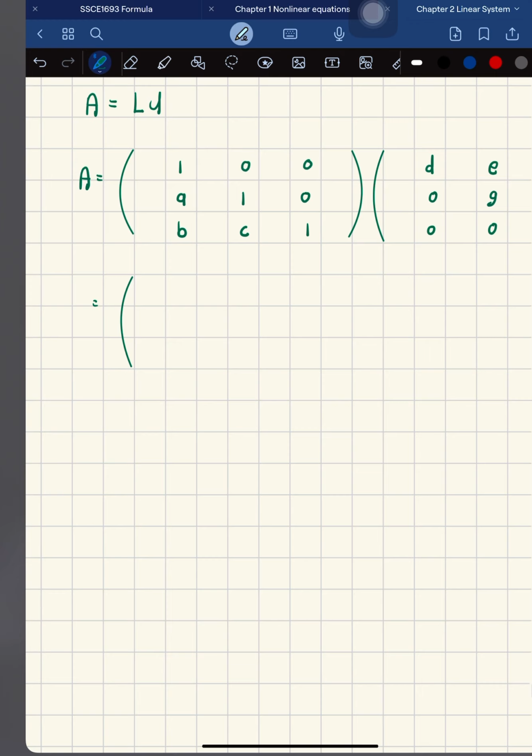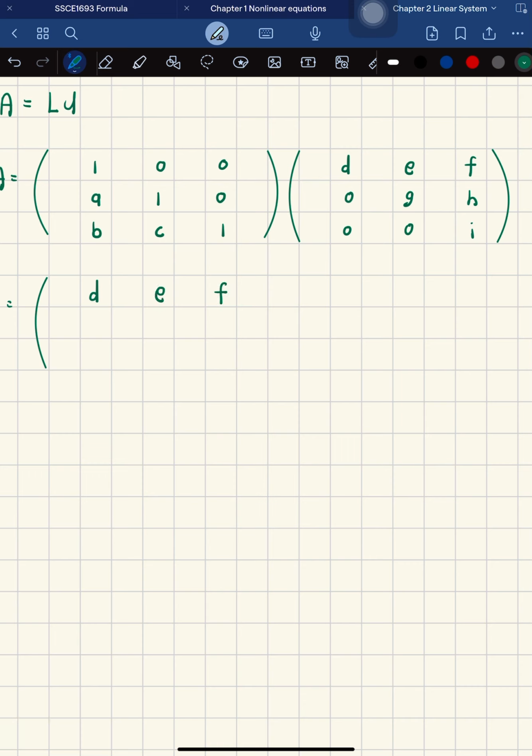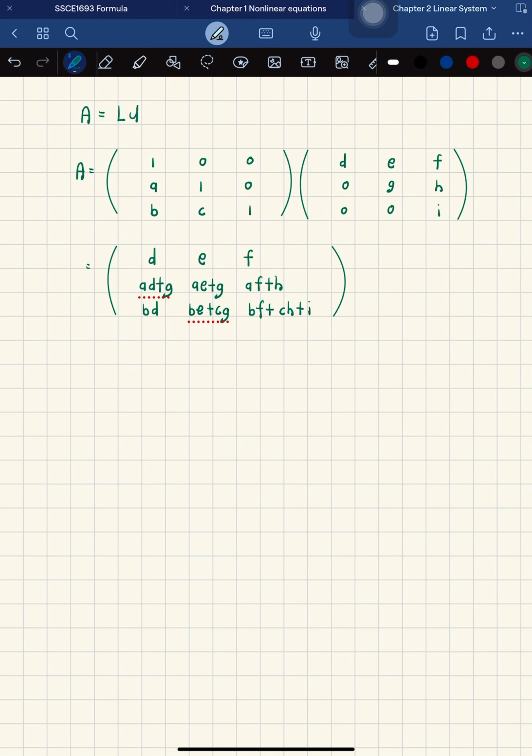So you get D, E, F, AD, AE plus G, AF plus H, BD, BE plus CG, BF plus CH plus I. So for the Doolittle matrix, your L matrix should have the diagonal equal to 1, and for the upper triangular matrix, U holds the other elements.